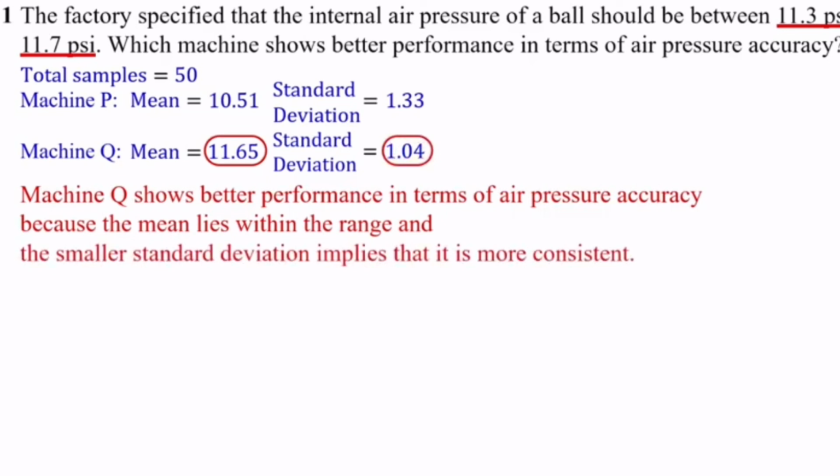So in the exam, you must write down the important keywords. For example, machine Q shows better performance in terms of air pressure accuracy, because the mean lies within the range and the smaller standard deviation is very important.